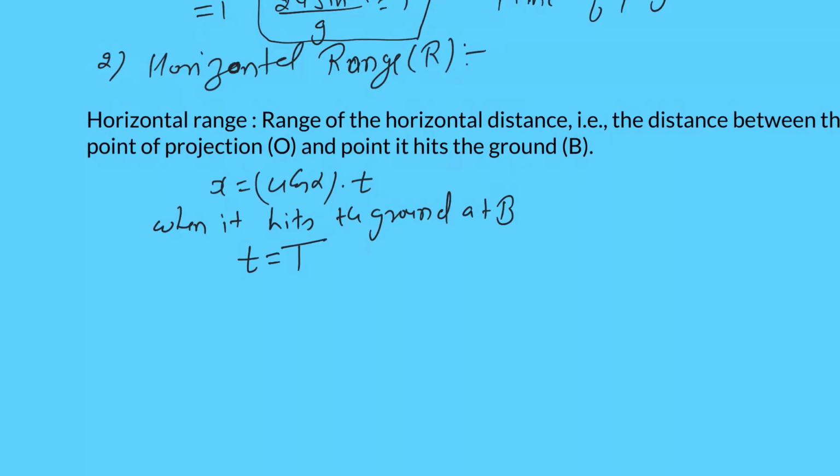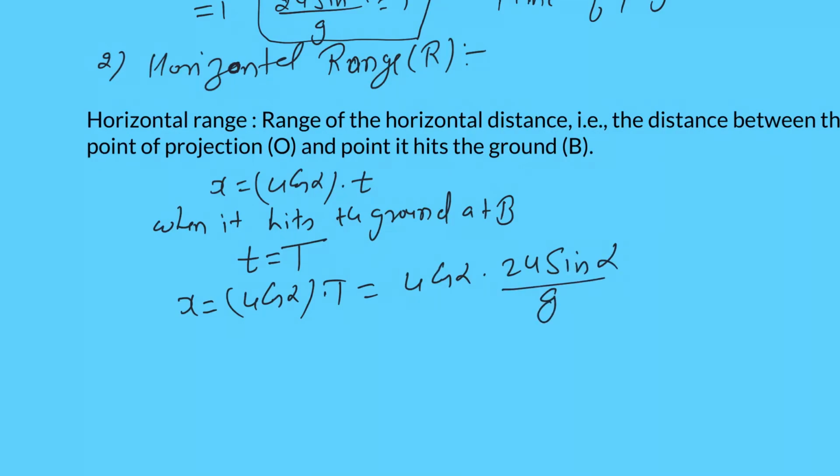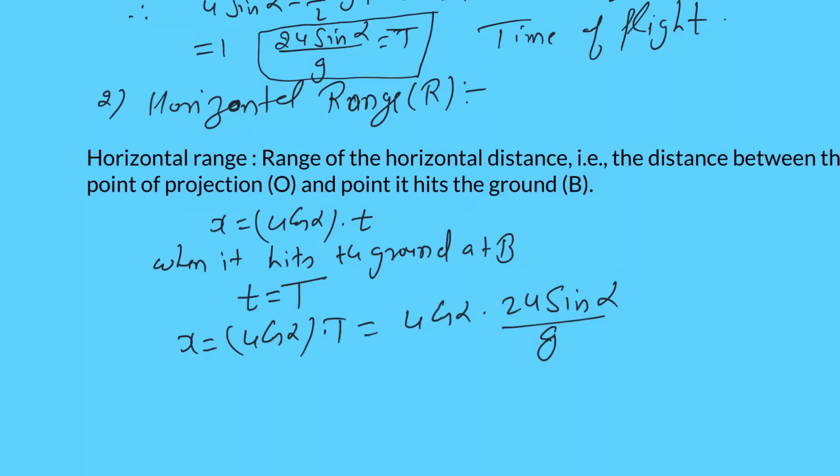Time taken by the projectile to reach B is the time of flight, and we have already derived this expression. Then the above equation becomes u cos alpha times T, and the expression for time of flight is 2 u sin alpha by g. You can see this is the expression for time of flight, and we have used it here.